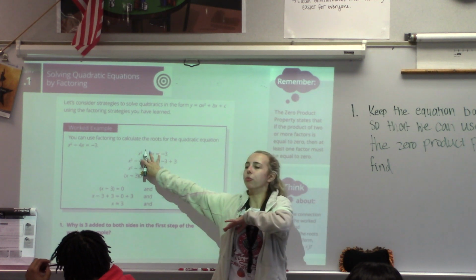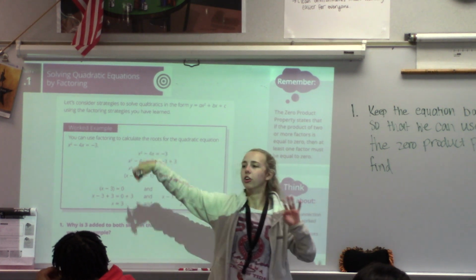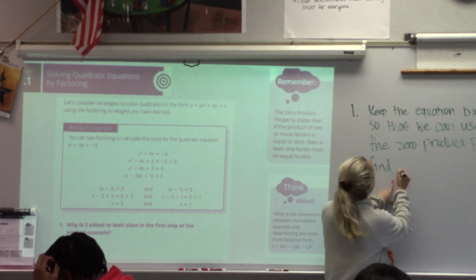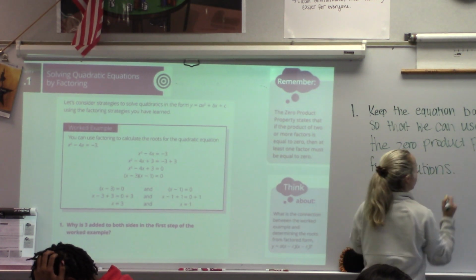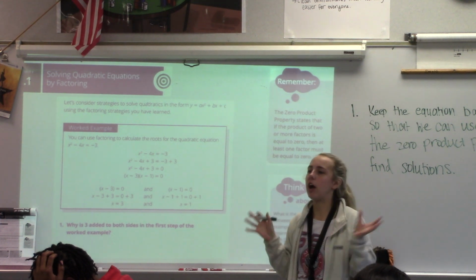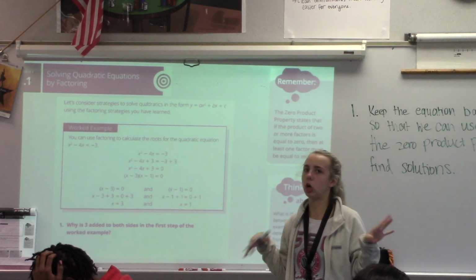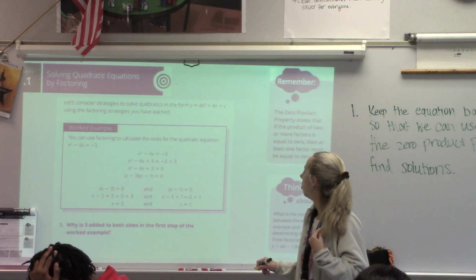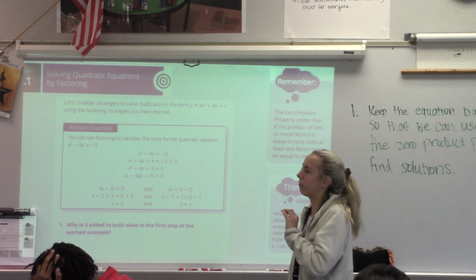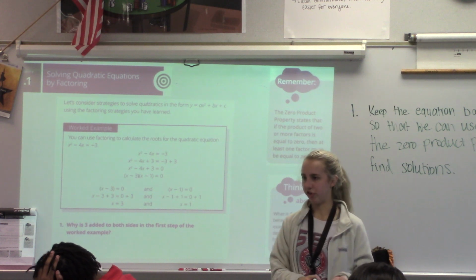Whatever it's equal to. And find solutions. So as we're learning about factoring, we're doing this factoring to find solutions to the equation.